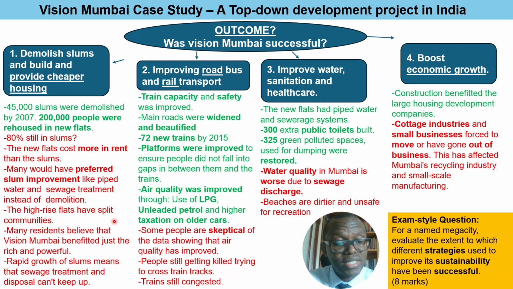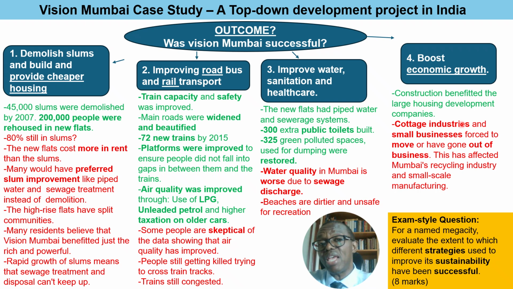The high-rise flats have split communities. So yes, there was a community feel in the slums, but now when they're living in the flats, that's no longer there. Then many residents believe that Vision Mumbai benefited just the rich and the powerful. Now, the reason they think that and feel that is because the property developers actually focused more on building the better houses, so the luxury accommodation or the luxury flats, which were targeted at the rich.